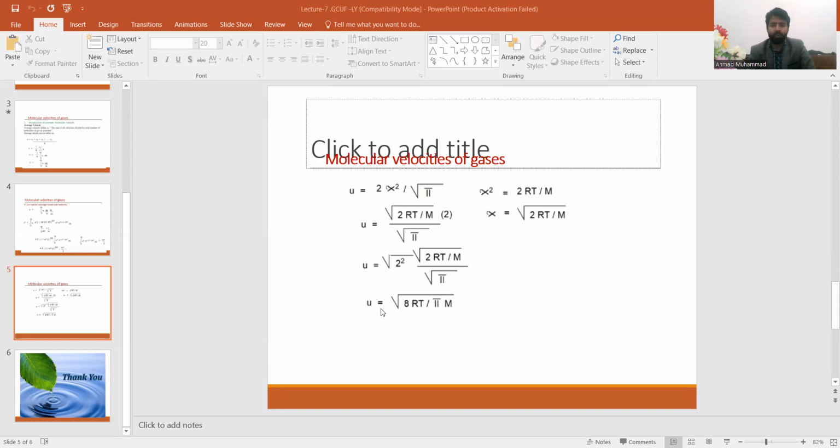This is the equation for the average velocity of a gaseous molecule. So this is the final relation of average velocity of a gaseous molecule. And we will be together again for a new session.